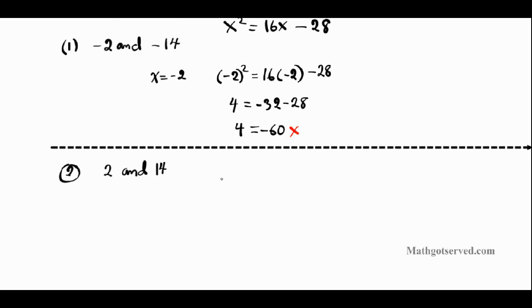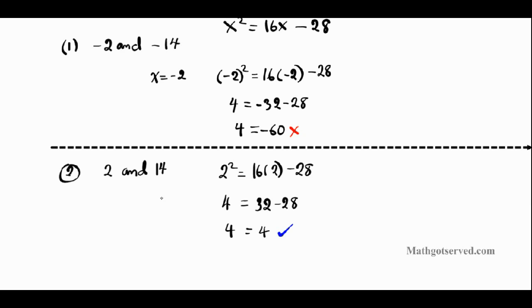Okay, there you go. All right, so is 2 squared equals 16 times 2 minus 28. Is that true or false? 2 squared is 4. Is 4 equals 16 times 2 is 32 minus 28. 32 minus 28 is 4. Is 4 equal 4? Absolutely. So this checks.